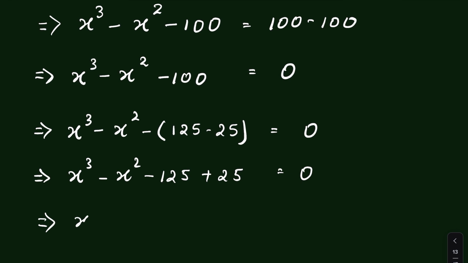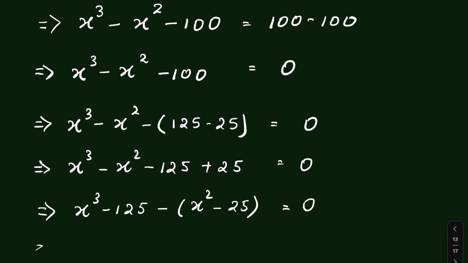Let's rearrange it: x cube minus 125, and minus x square plus 25 we can write inside the bracket as minus 25, like this. So we are now changing the question. x cube minus 125 we can write as 5 cube, minus x square minus 25 as 5 square, is equal to 0.